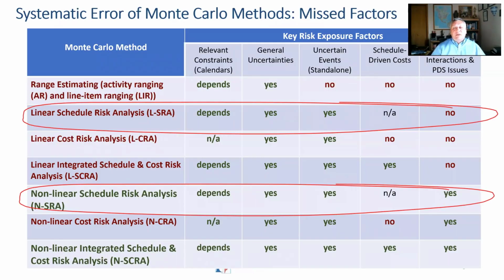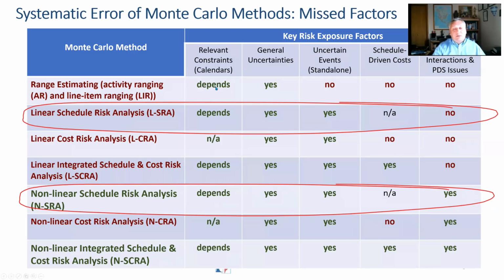This is a summary table. It's actually from my previous presentation that shows that the different types of Monte-Carlo, from range estimating and line item ranging to nonlinear integrated schedule and cost risk analysis methodology, have different issues with taking into account the relevant risk factors.